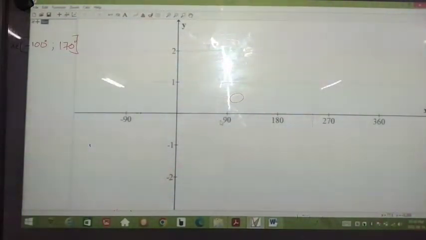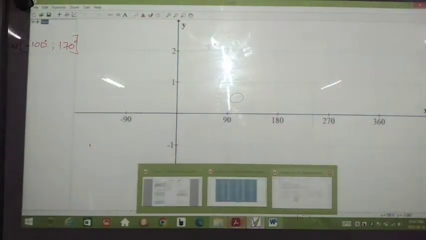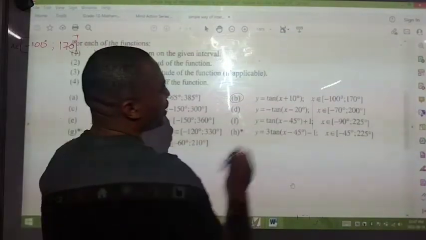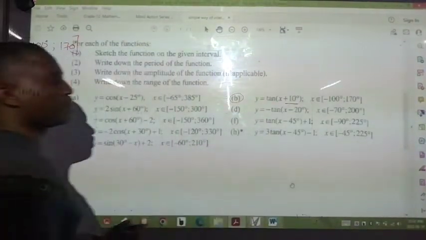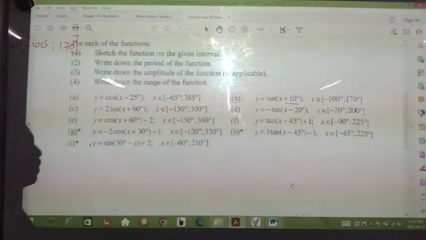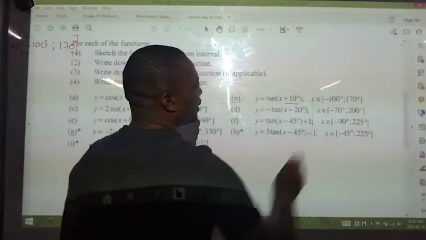All right. So we are understanding that the question is giving us a shift of 10 degrees. A shift of 10 degrees to the left. And we are starting from negative 90.